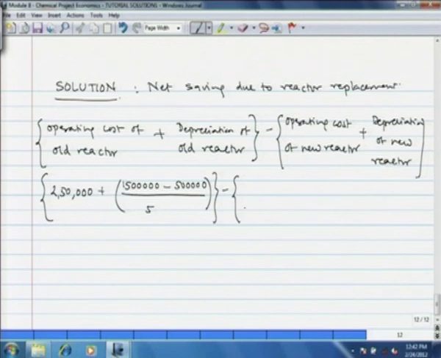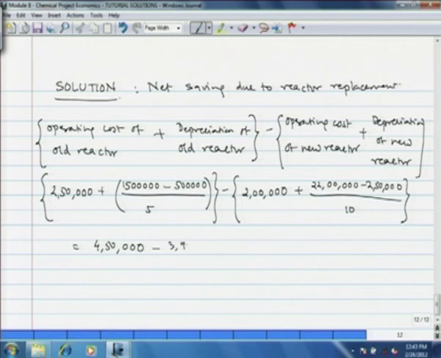Minus the operating cost of new reactor, rupees 2 lakhs, and then the estimated depreciation is 22 lakh, which is initial cost, minus 2,50,000, which is the envisaged salvage value, divided by 10. So, this turns out to be 4,50,000 minus 3,95,000 is equal to 55,000.